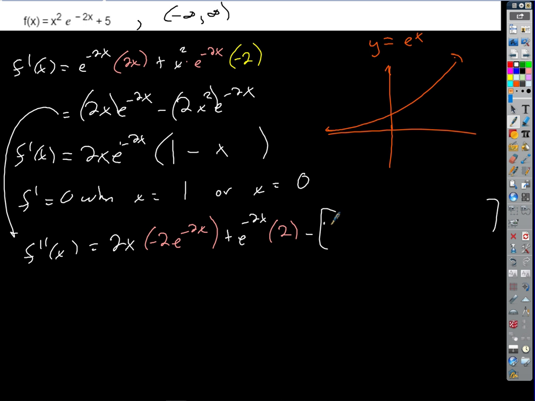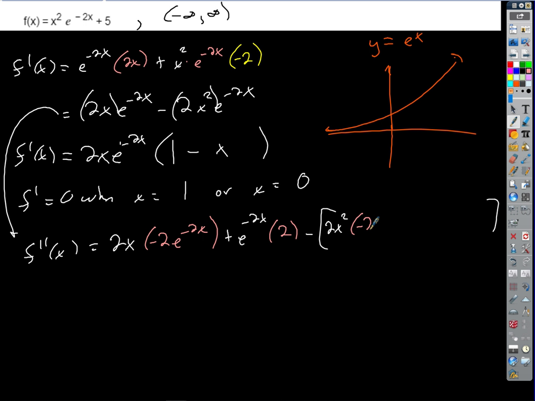So then I've got, well, the same way. So we get 2x squared times the derivative of e to the negative 2x.